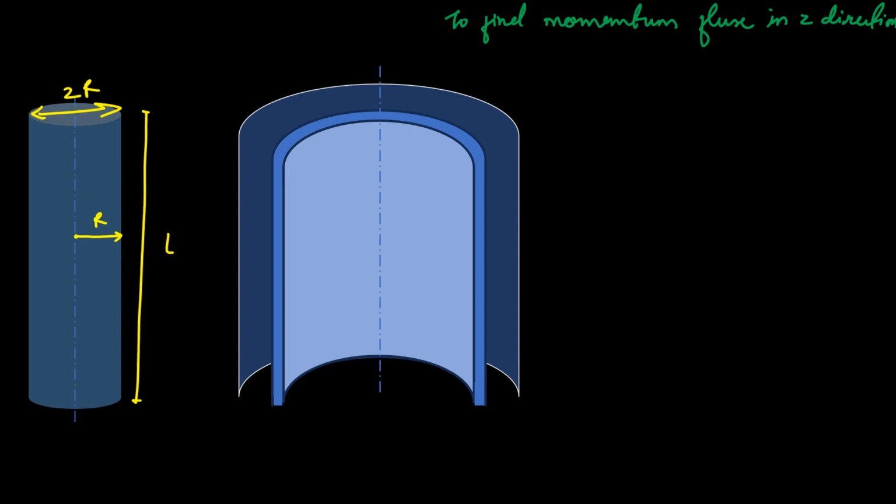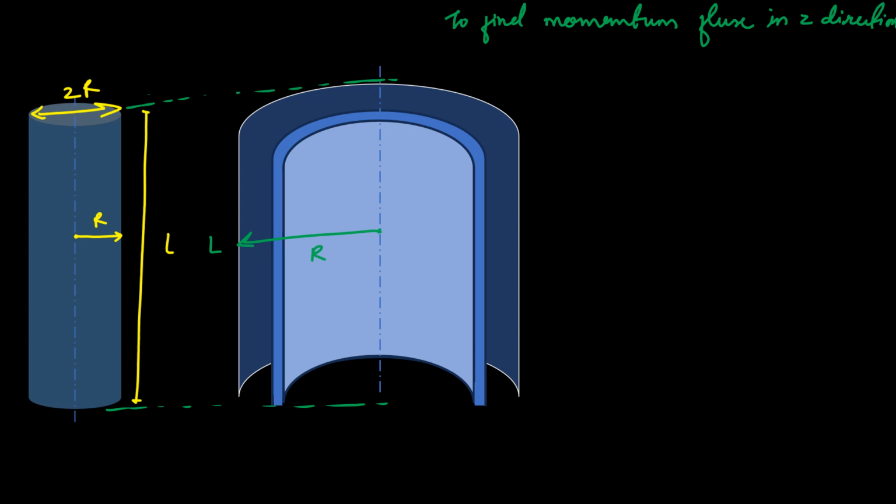We get this, of length L and radius R, the axial view of the pipe when cut vertically.